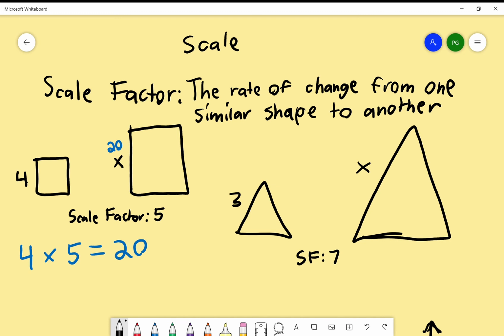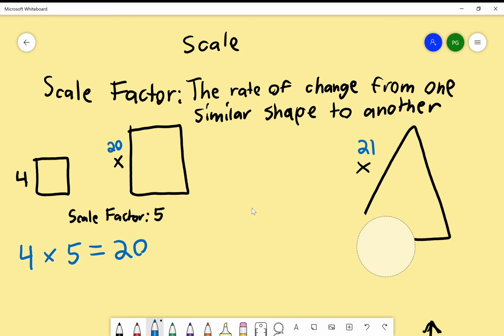So you're just going to take that 3 times 7 equals 21. So voila, your x is going to be 21. Your scale factor is your rate of change. It's how much you're increasing by in this particular case. I know I said I'd give you 4 examples, but let me just give you 3. I don't really think the point has to be belabored too much.